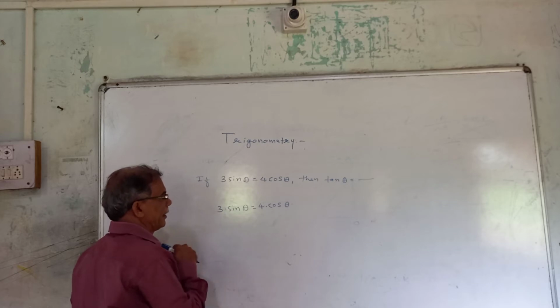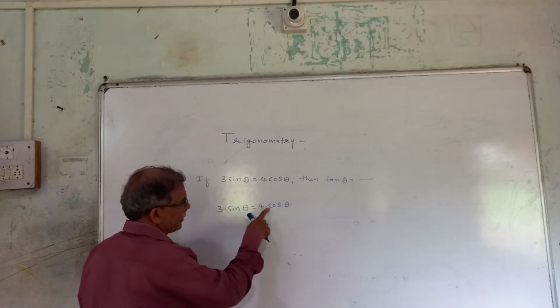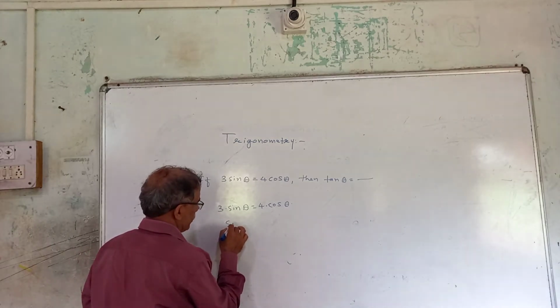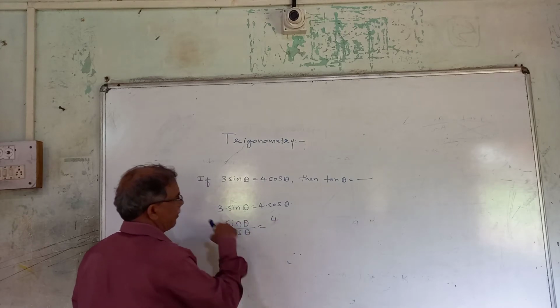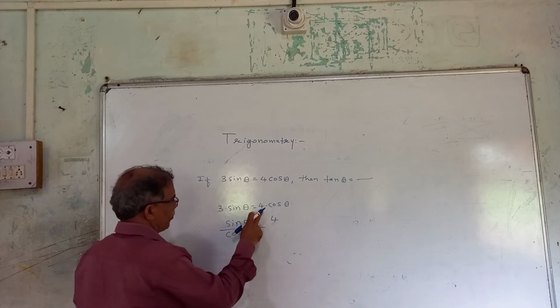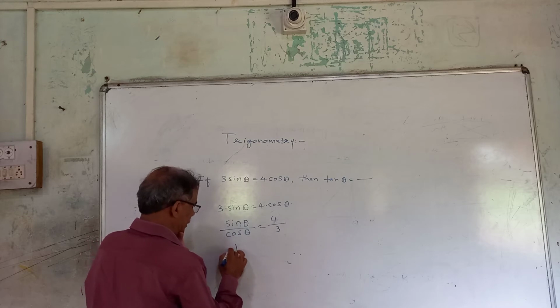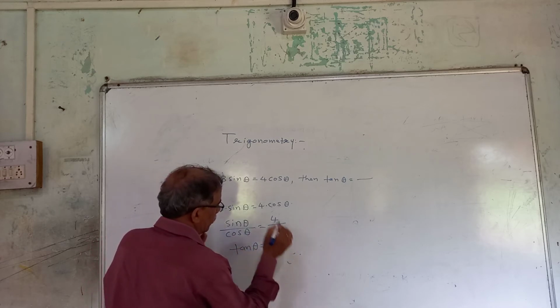How to rearrange now? This sin theta you keep here in the numerator. The 3, which is multiplied, if you transfer it here, it will be divided. So sin theta upon cos theta will be equal to what? Naturally, the number 4 goes to the right hand side, and the 3 will be below, 4 upon 3. And sin by cos means tan theta is equal to 4 by 3.